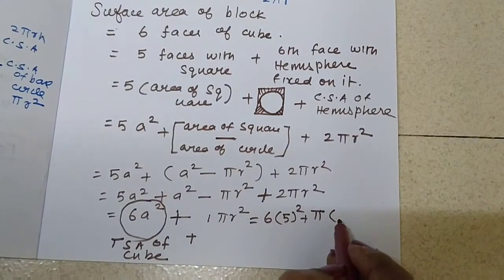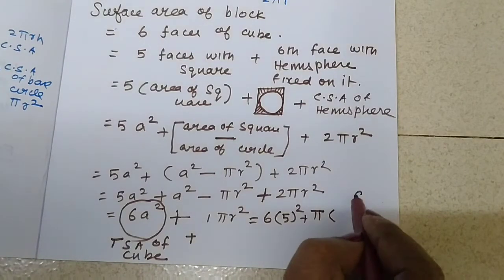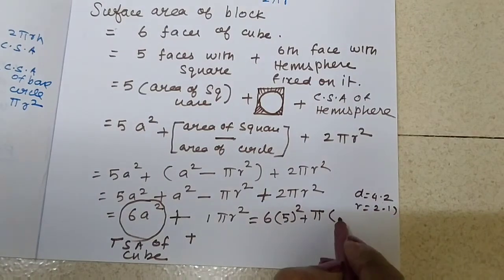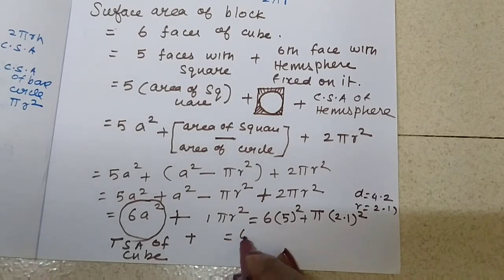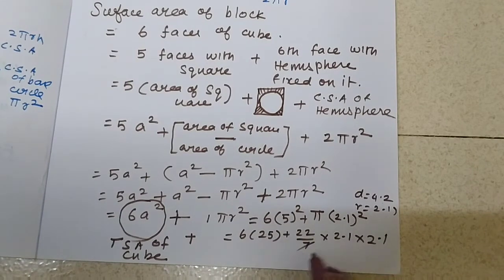The diameter equals 4.2, radius equals 2.1, so 2.1 square. 6 into 5 fives are 25, plus 22 by 7 into 2.1 into 2.1, so cancel this, 0.3.